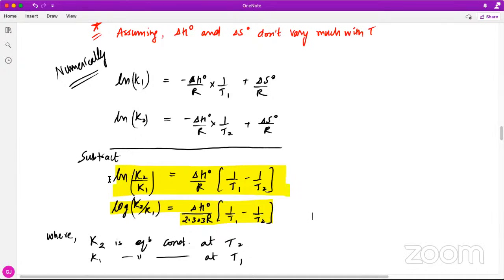So I get ln K2 by K1 is equal to delta H0 by R into 1 upon T1 minus 1 upon T2. Or if I want to write it in terms of log, I know the log conversion, so it will be equal to delta H0 upon 2.303 R into 1 upon T1 minus 1 upon T2, where K2 is the equilibrium constant at T2 temperature, K1 is the equilibrium constant at T1 temperature. इतना लिखो.